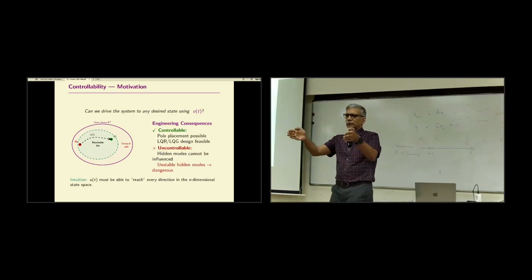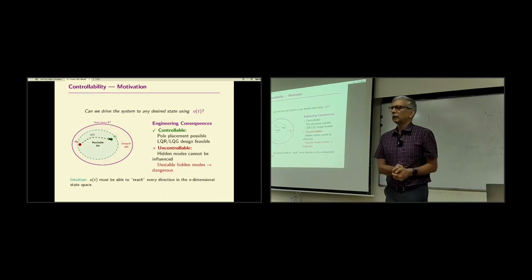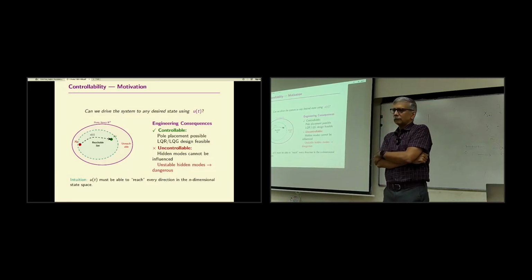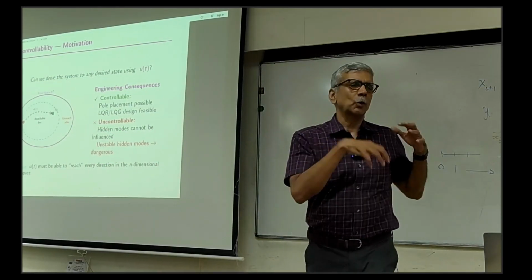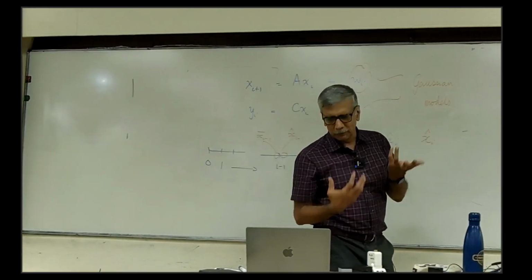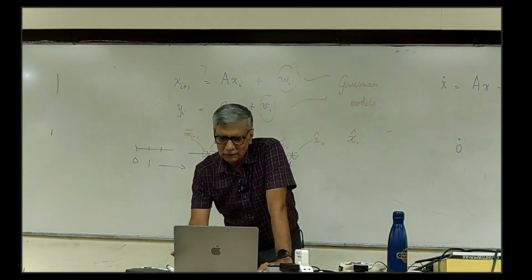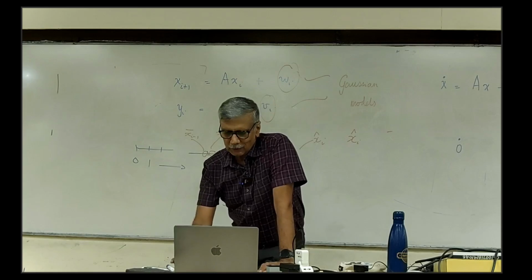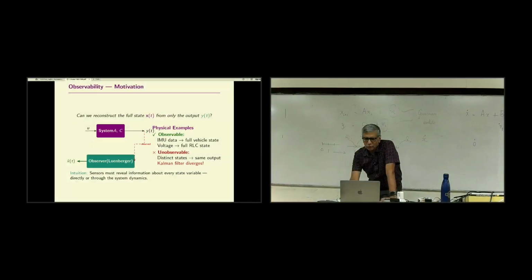If you have a stream of measurements over a finite interval of time, can you find x from these stream of measurements? So that's an issue called observability, which is also addressed in systems. So I've given you in these slides what are the tests for controllability and observability.